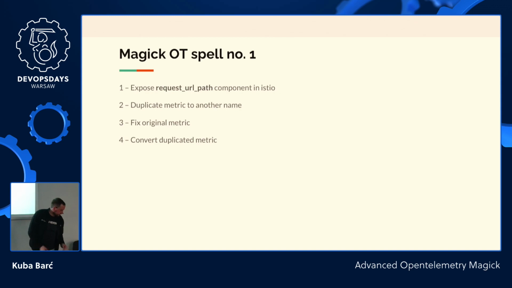So how do I do that? Well, I make a change to Istio to expose this request URL path. As you can imagine, incredibly high cardinality. Then I'm going to copy this metric. I'm going to fix the original Istio request total metric, and I'm going to do some magic on the metric that I have just duplicated.